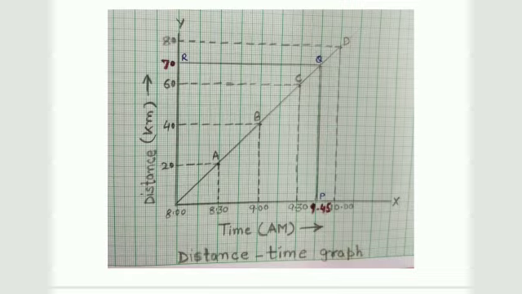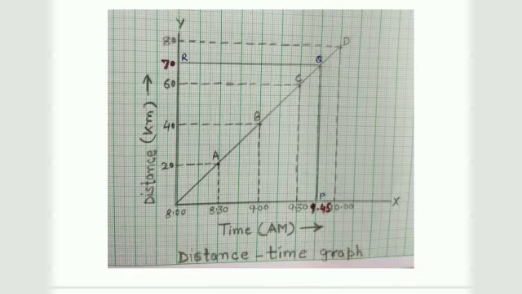At 8:30, it covered 20 kilometers. Just join the 2 points, distance and time. That point is A. At 9, the bus covered 40 kilometers. After joining, the point is B. At C, it is 9:30 and covered 60, and at 10 am covered 80.